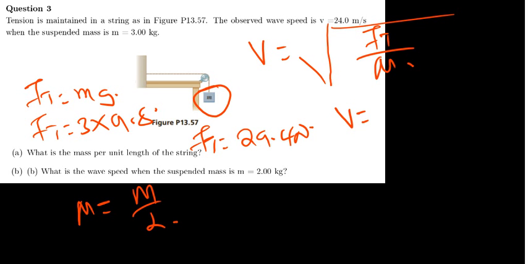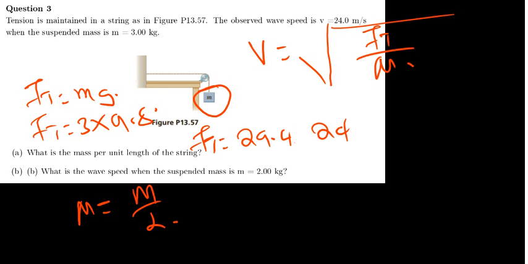So we continue from there. We know that our velocity is 24, so I'm going to put a 24 here. Are you still getting me? Yes, we are. We have 24 equal to the square root of the tension force, 29.4, divided by the linear density.